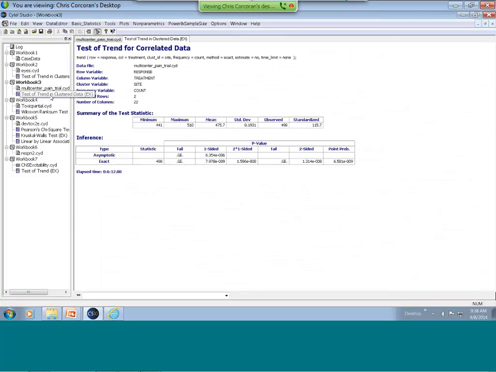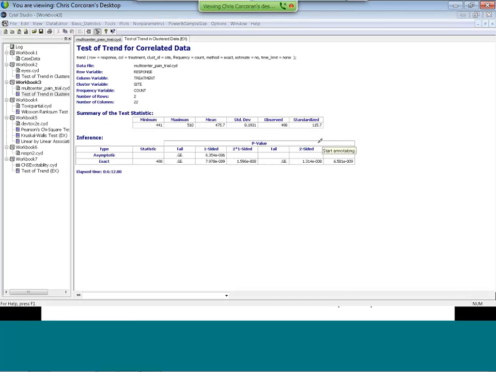But let's just go straight to the result, and you can see the two-sided p-value is shown on this side of the screen. So on the order of 10 to the -8. So very strong evidence here of a treatment effect, having accounted for correlation within site, which is the key.